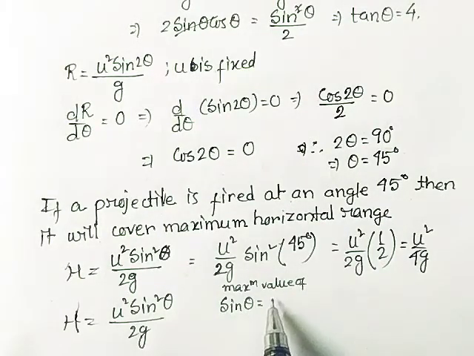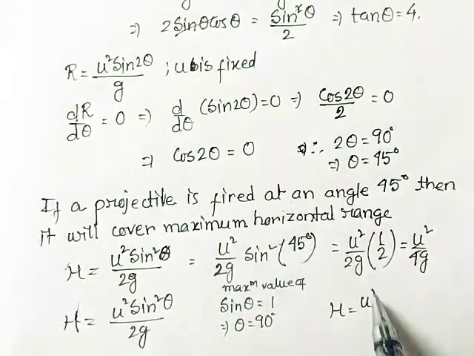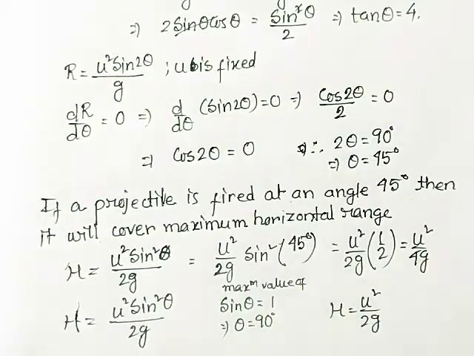The maximum value of sine theta is 1 and theta equals 90 degree. Clear? So if theta equals 90 degree, and I want to make this capital H maximum, then capital H equals u square divided by 2g. You can say this is H maximum.